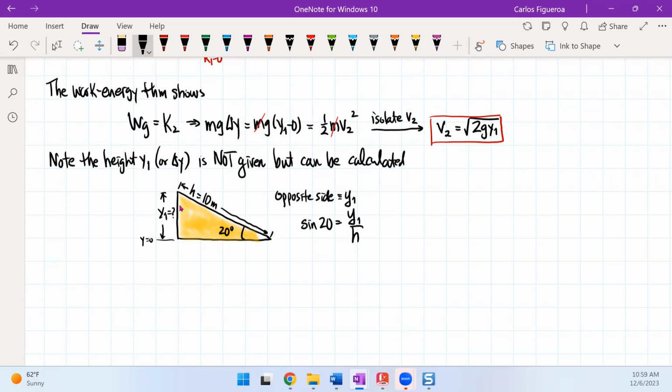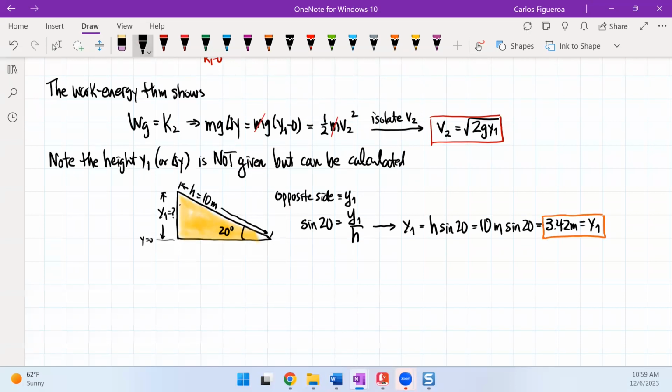If I isolate y1, this will be h sine of 20, which is 10 meters times sine of 20 degrees, which gives me a value of 3.42 meters for y1. Now I know what the height is.